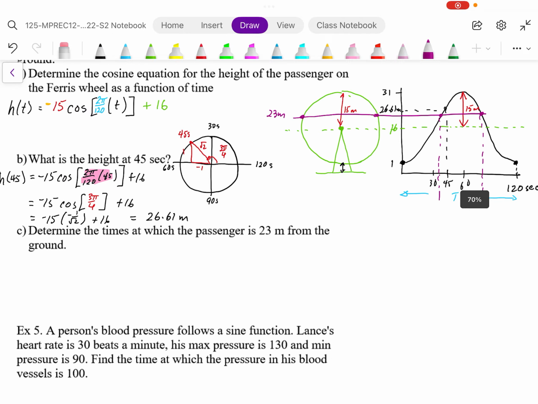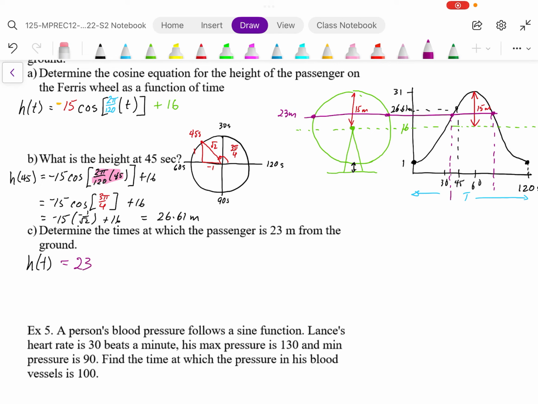When we set this up, we can set this up by solving this, because I know that I'm looking for the time where the height is equal to 23 meters. And that's going to be equal to negative 15 cosine of 2 pi over 120t, plus 16.